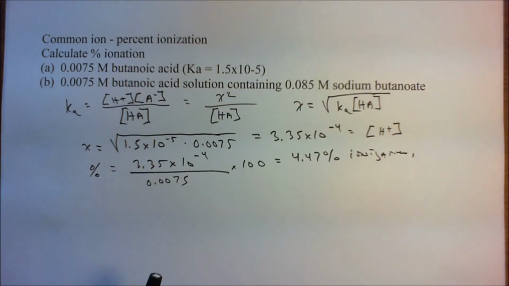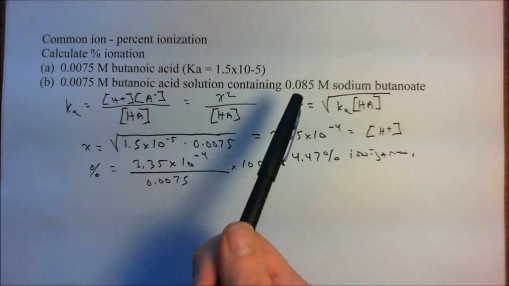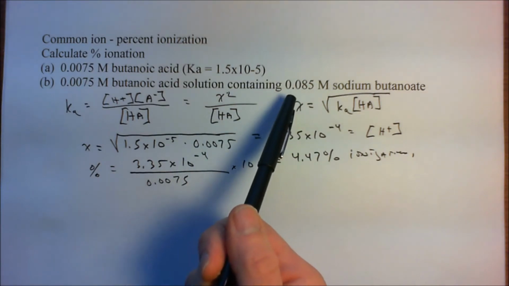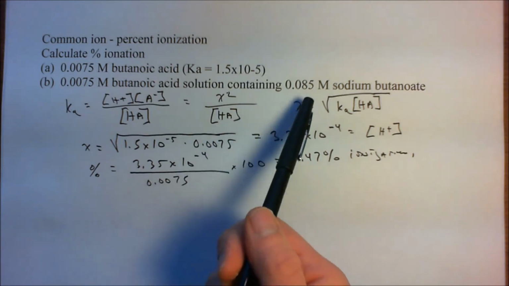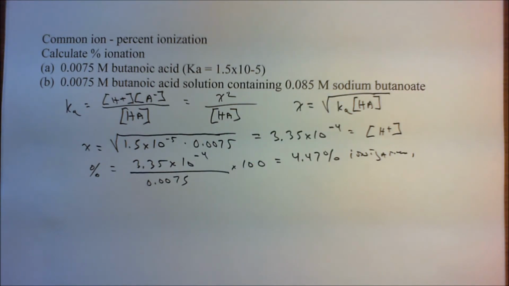Now what we want to know is, if we take that same solution that's 4.47% ionized and we add enough sodium butanoate to bring the entire solution to 0.085 molar sodium butanoate, what's going to happen?